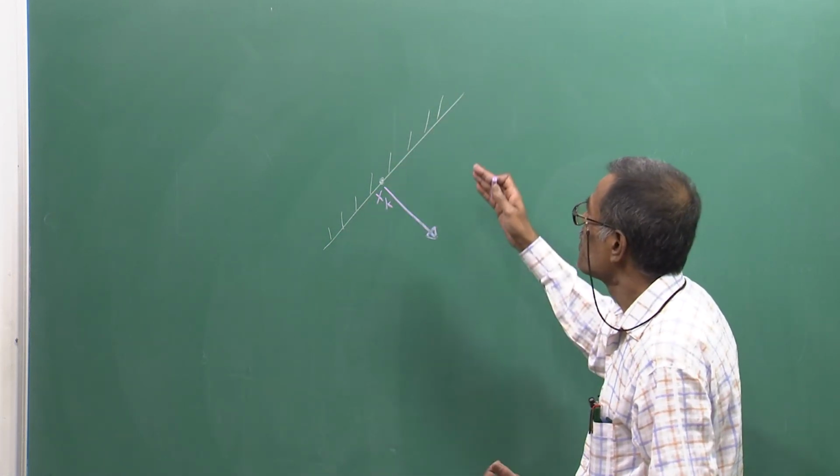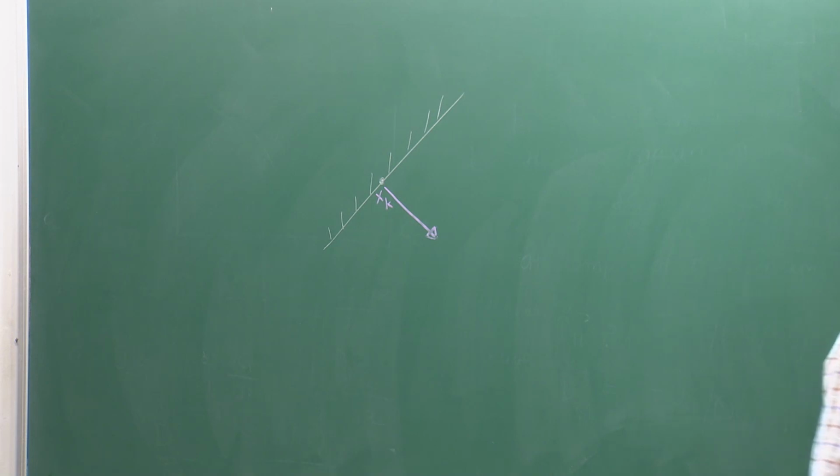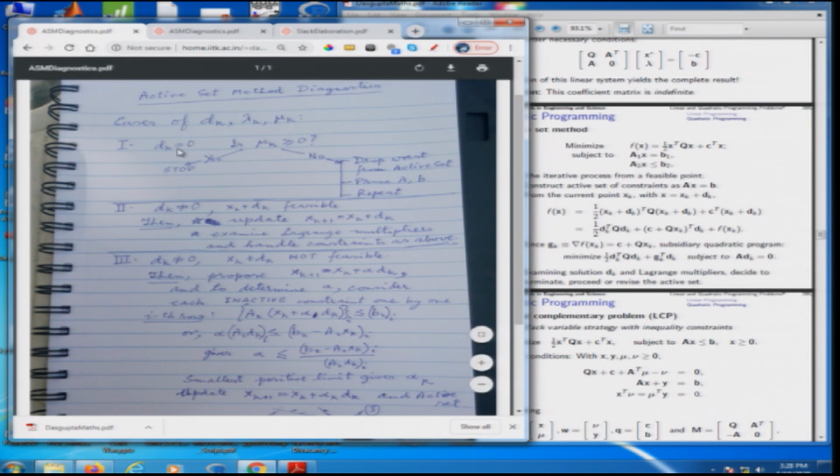So, this constraint has no business sitting in the active set. Like that, none of the constraints for which the mu's are negative have any business sitting there, but in one step the party line is to drop only one constraint. So, you drop the worst one, and then since you have dropped a constraint, from A and B the corresponding line you remove, and then repeat this process.